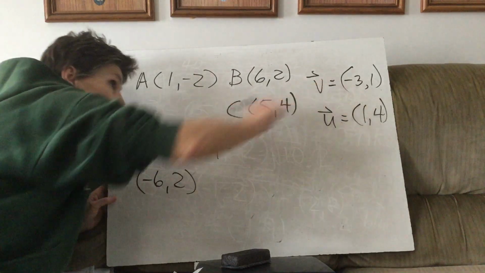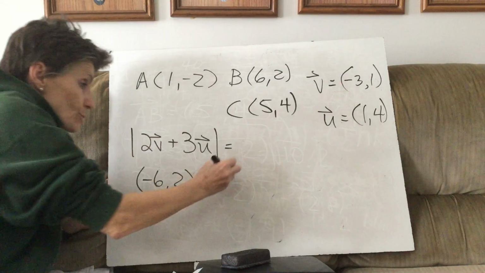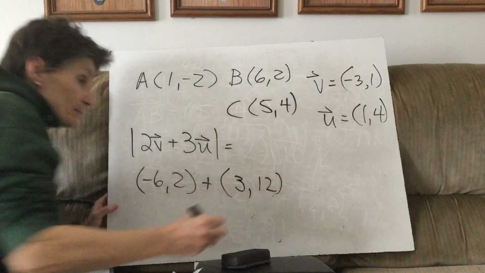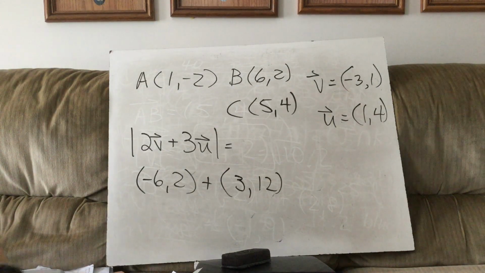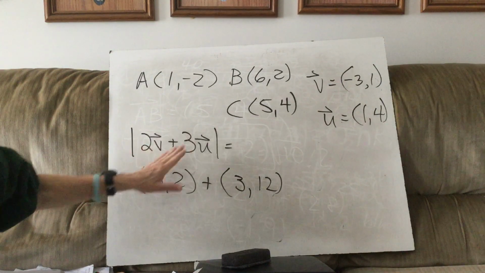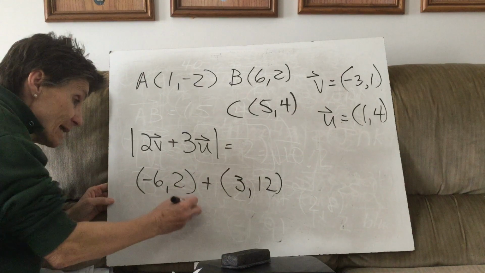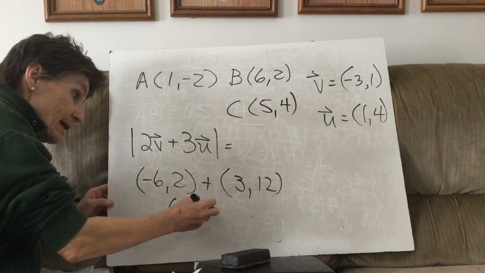We just take 2 times everything in V. And then 3U's would be 3, 12. 3 times everything in U. And now we're going to add them because the problem says add them. So we're going to add the x's and we get negative 3. And we add the y's and get 14.